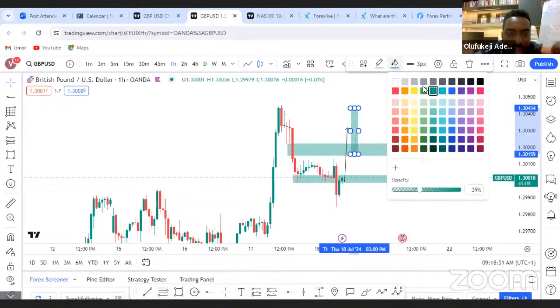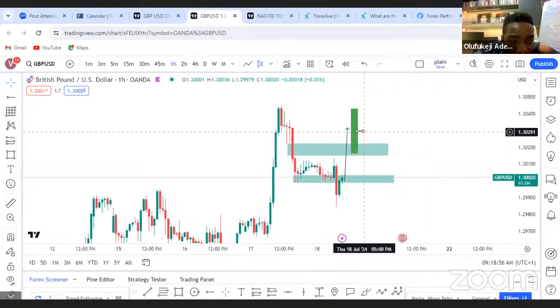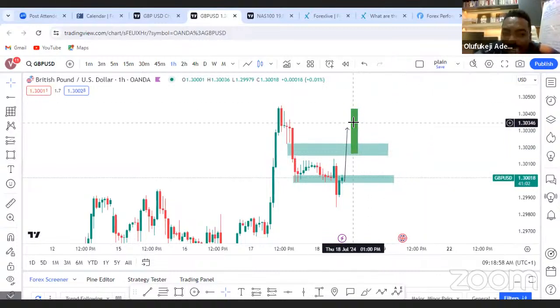A fair value gap that is green, that closes above that other one. It doesn't have to make a higher high. It just needs to close above it with force.